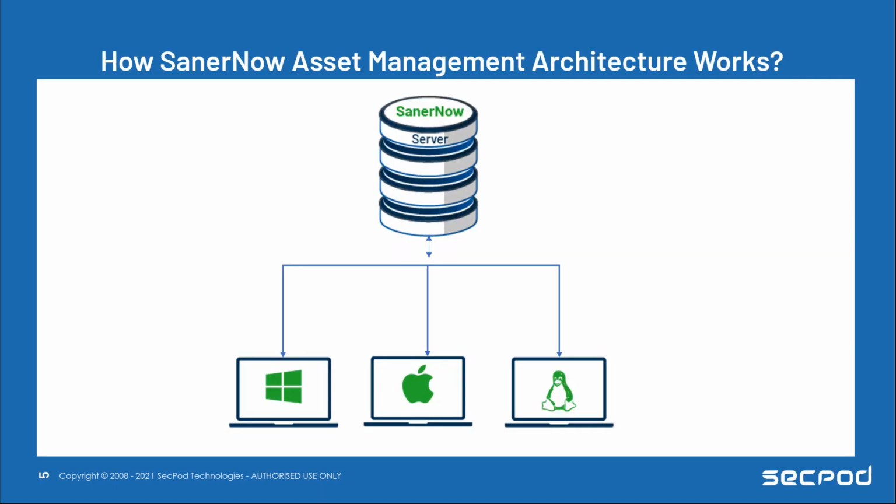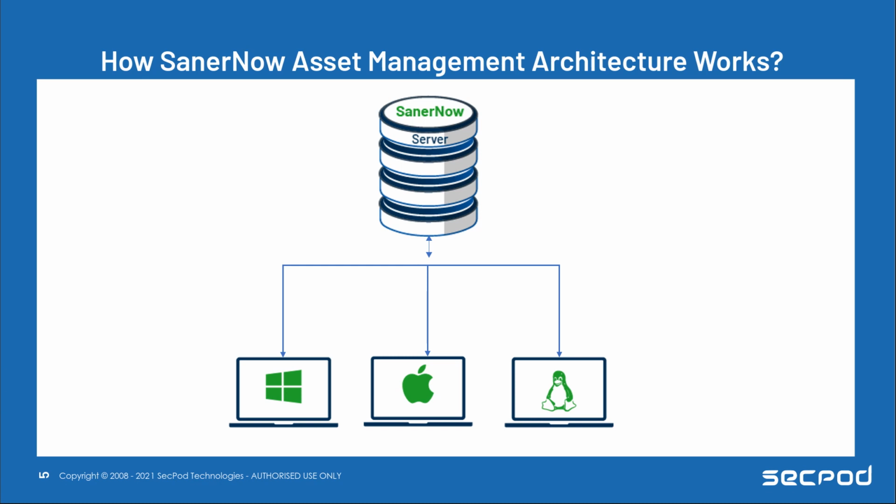Moving to the next question: how does the SaneNow asset management architecture work? The architecture comprises two major components, the server and the agents. The agent has to be installed across all the endpoints in the organization network. The server can be hosted either on cloud or on premises according to the organization's requirement.